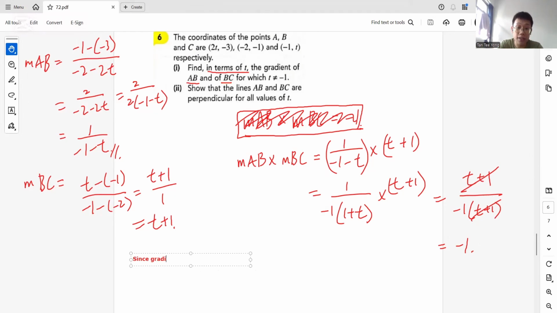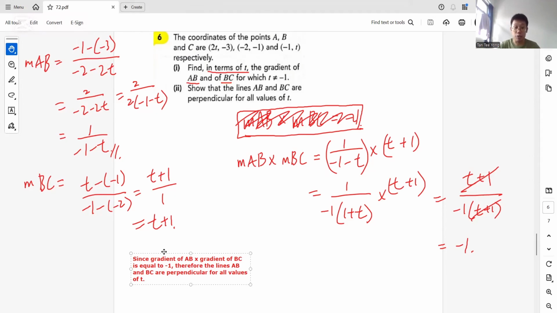Since gradient of AB multiplied by gradient of BC is equal to -1, therefore the lines AB and BC are perpendicular for all values of t.